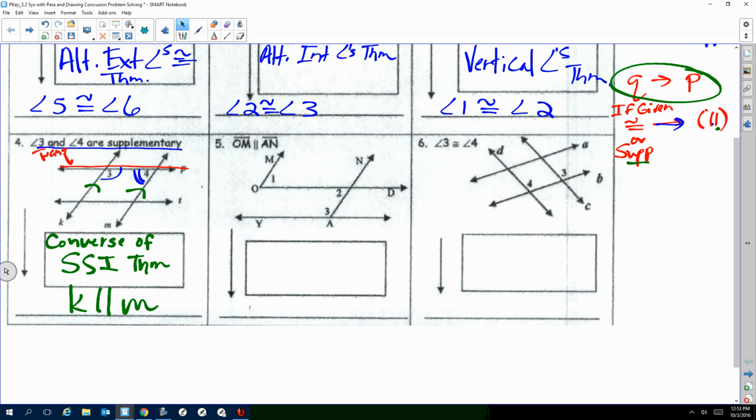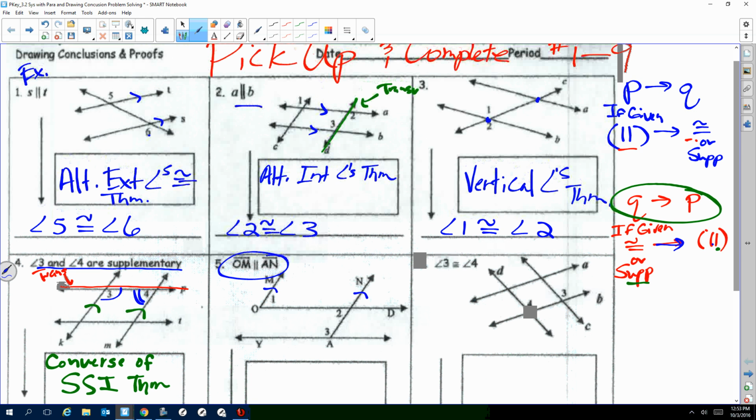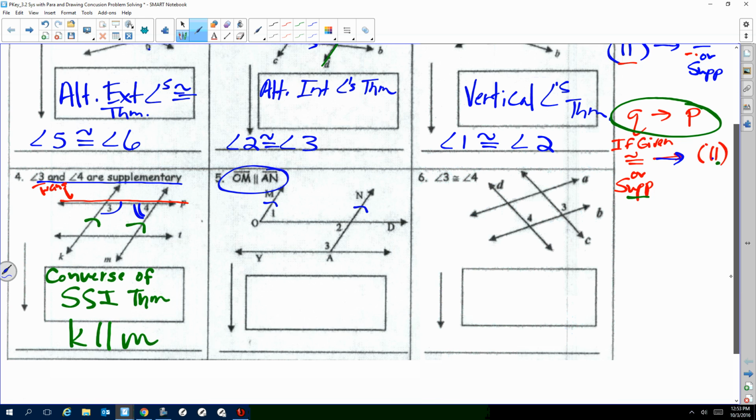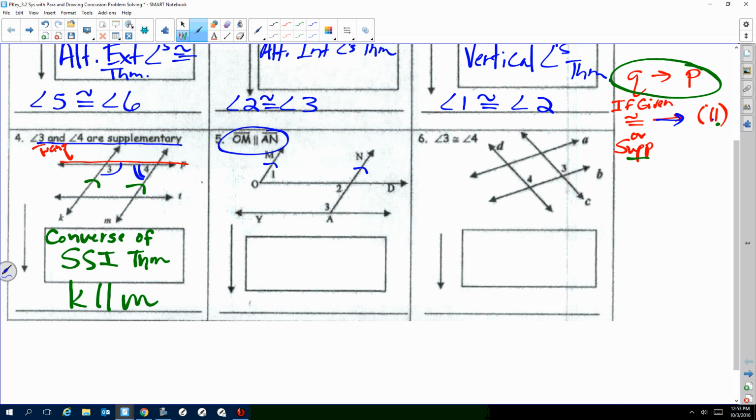So on number 5, what is given? Where do we start? Okay, so we're starting with parallel. So that's over here. So if it's parallel, we're trying to draw a conclusion about either congruent or supplementary. So looking at the lines that are parallel, do we have any congruent or supplementary angles? It might help if you extend the lines.